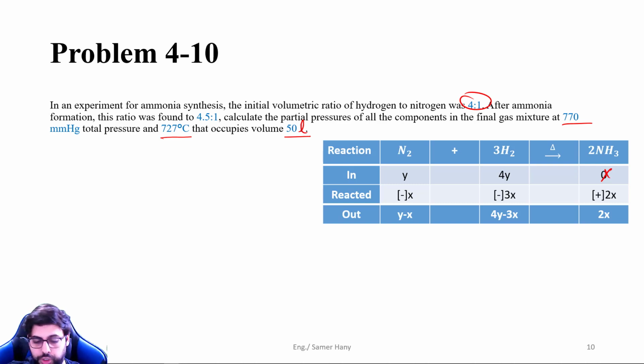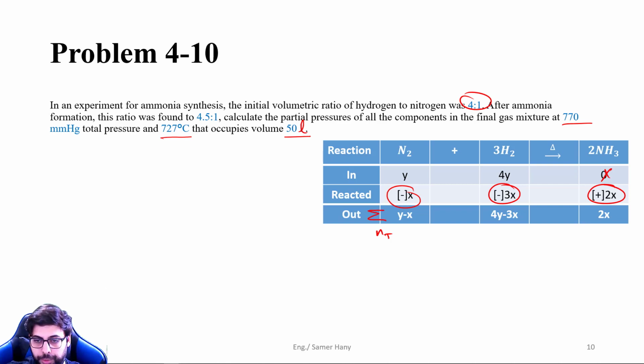And to get the total number of moles at any reaction extent or amount X, we can just say if X amount of nitrogen was reacted or consumed, this will react with 3 times the X of hydrogen, and will produce 2 times this X amount reacted as ammonia. So the total number of moles at the very end will be the summation of all these quantities in here.